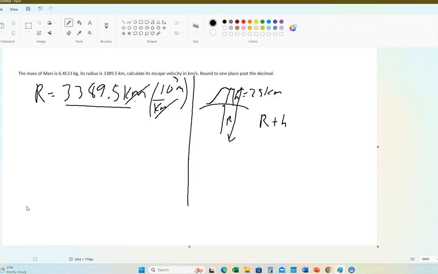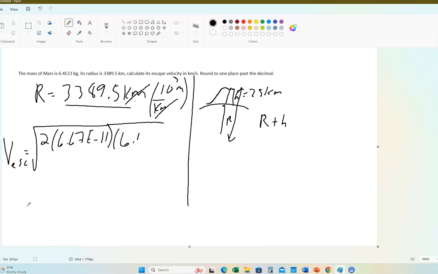The escape velocity is going to equal the square root of 2 times big G, which is 6.67 times 10 to the minus 11th, times the mass of Mars, which is 6.4 times 10 to the 23rd, and then divided by, and this is the only difference between doing it from the surface or from the top of Olympus Mons, 3389.5 times 10 to the third.